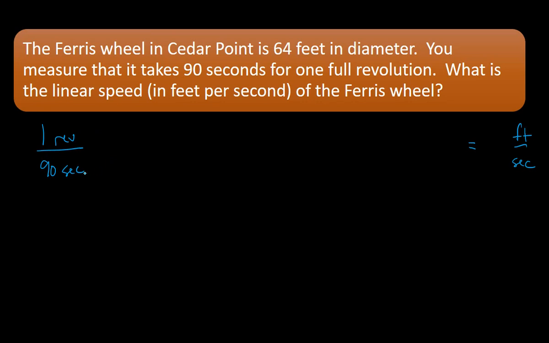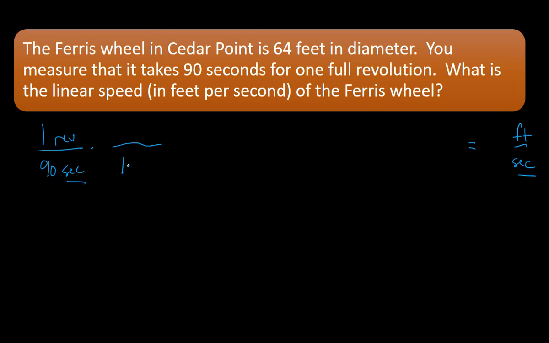All right, so the good thing is we already have seconds in the bottom. So that's good. All right, now we got to get that revolution out of there and we got to somehow come up with feet. So again, one thing that always shows up is that we have the circumference being 1 revolution.